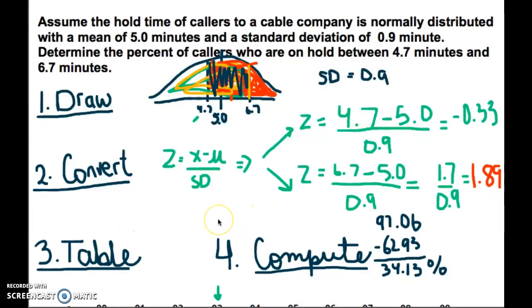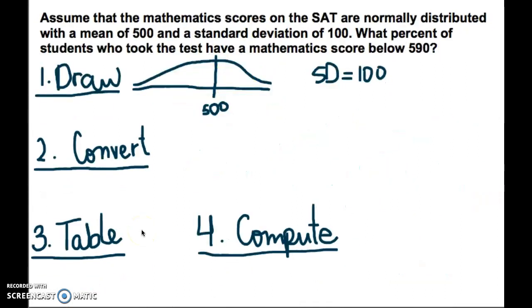We're going to do one more example and we're doing it just a little bit faster. Here we have a problem where you're looking at SAT scores that are normally distributed. As soon as you see normally distributed, you're going to draw this little picture, this little slopey line. The mean is 500, so it will go in the middle. And it has a standard deviation of 100.